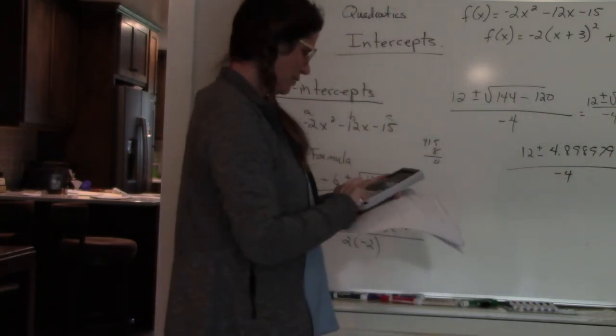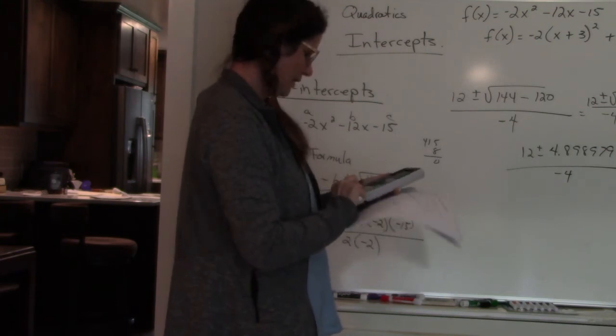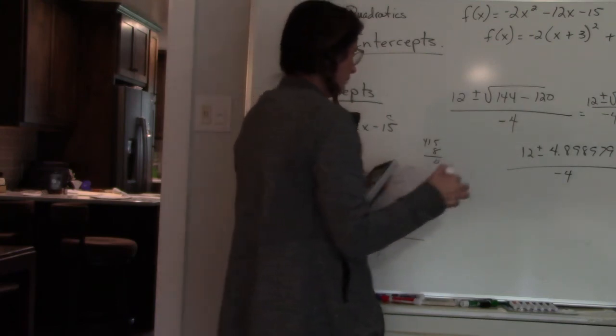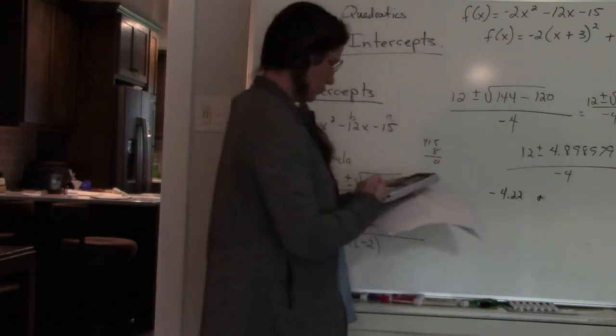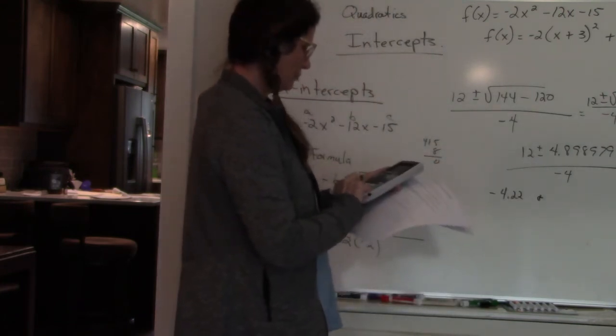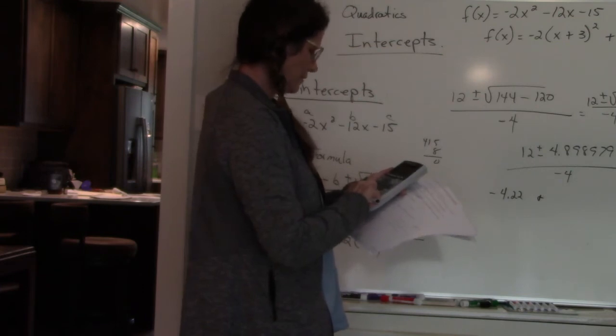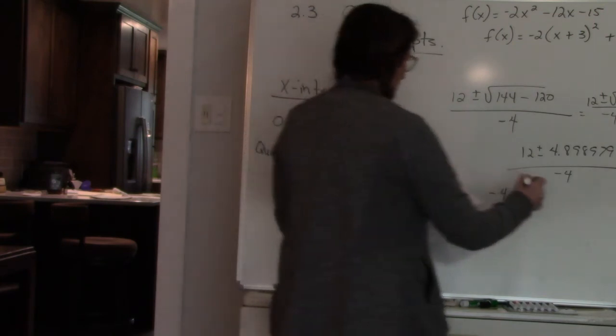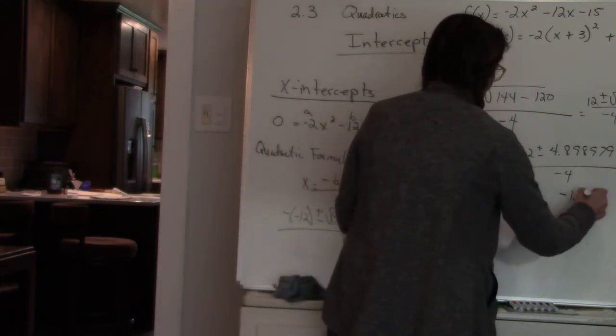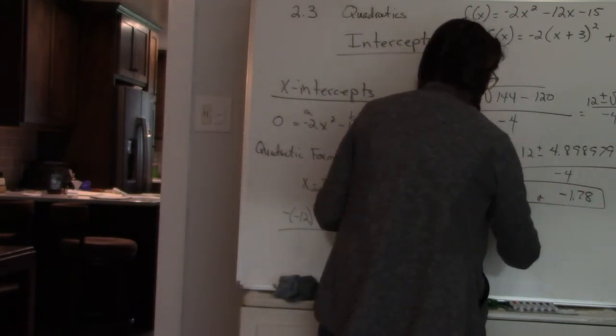So that plus 12 divided by negative 4 gives you a negative 4.22. And then we're going to do 12 minus 4.898979 divided by negative 4 is negative 1.78. So those are your two x-intercepts.